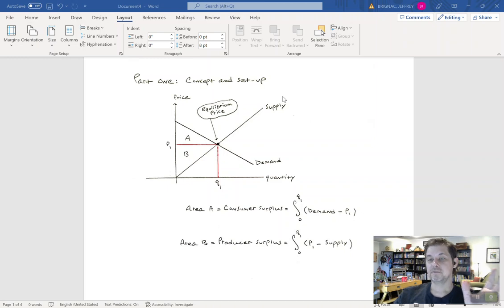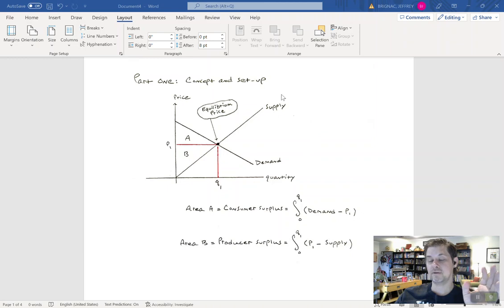So why does the supply curve go up and to the right? Because the higher the price is, the greater the quantity they're willing to provide for consumers. And here's the demand curve. Why does it go down and to the right? Because consumers have the opposite incentive. It's the law of supply and demand: the higher the price is, the fewer people are willing to buy, all other things being equal.